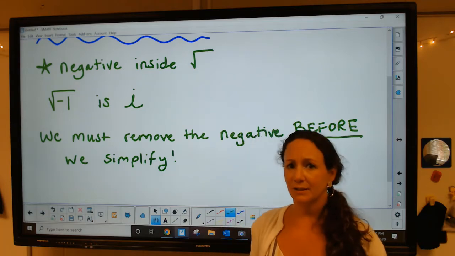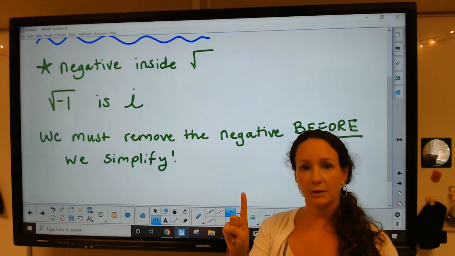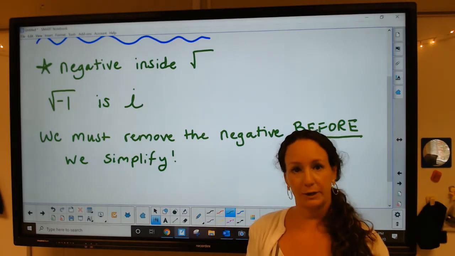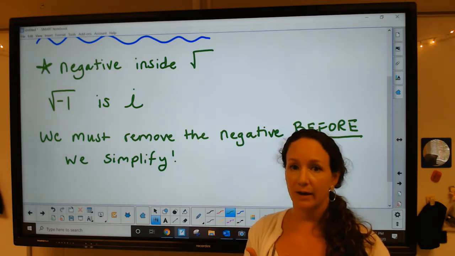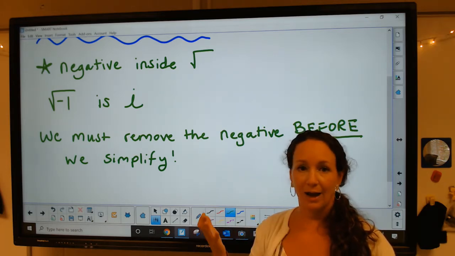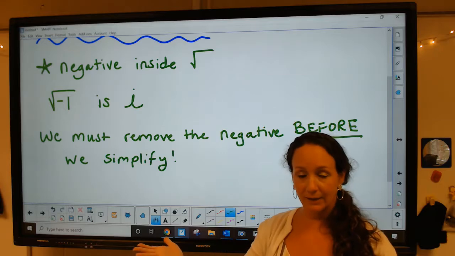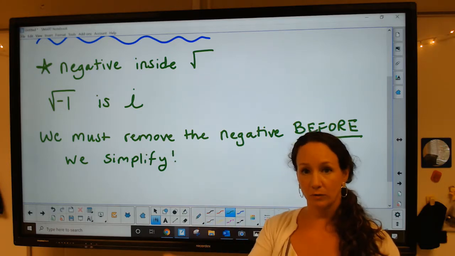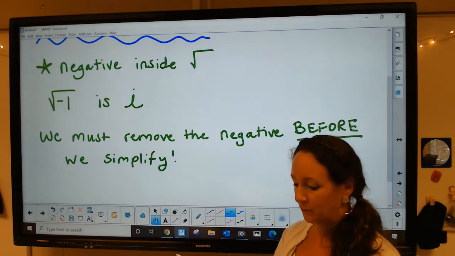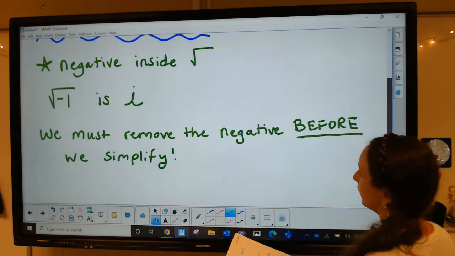So it's actually just going to be one additional step to the skill that we have been working on with simplifying a square root. So now you're going to have a negative inside. We're going to have to use i in place of it, and then we'll simplify just as we have done before. So let's look at example 1.